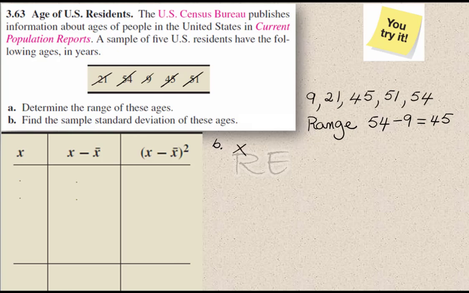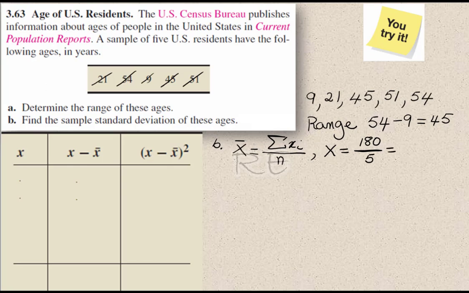Now, in order to get the standard deviation, we need the mean. The mean is the sum of all scores divided by the number of scores. So for the mean, we'll take the sum of all the scores, which is 180, divided by the number of scores, which is 5.